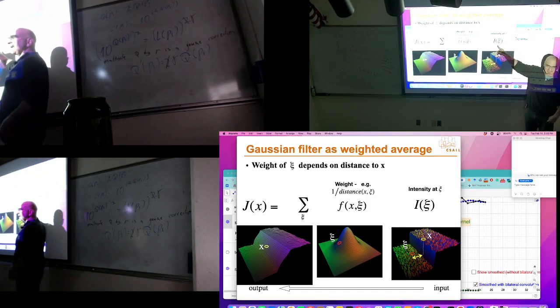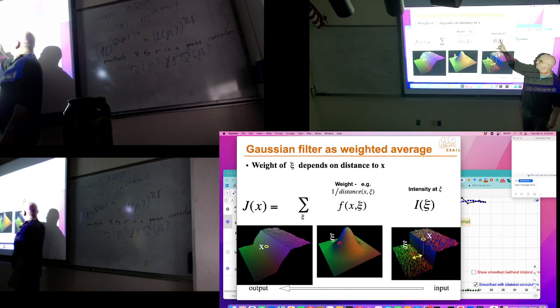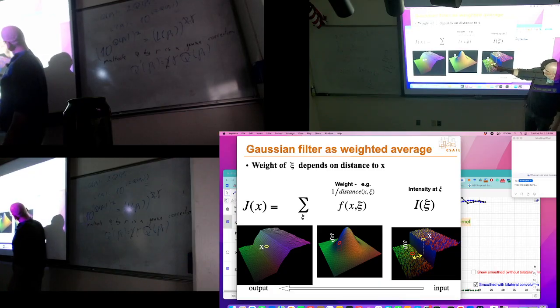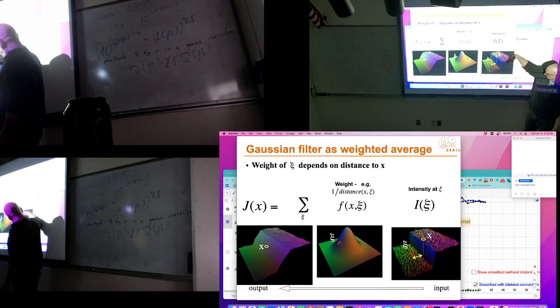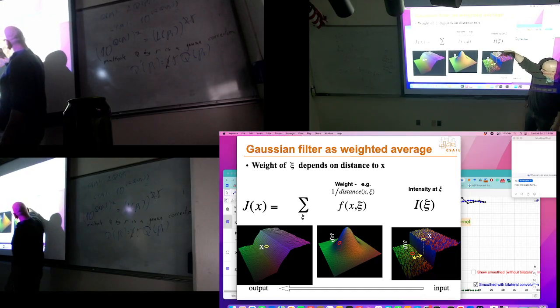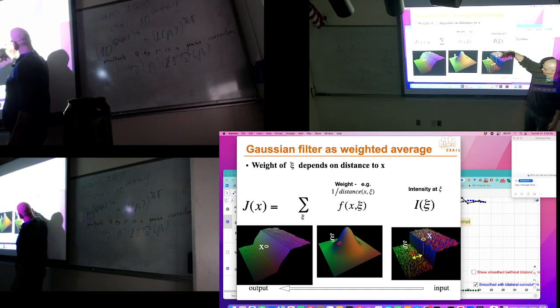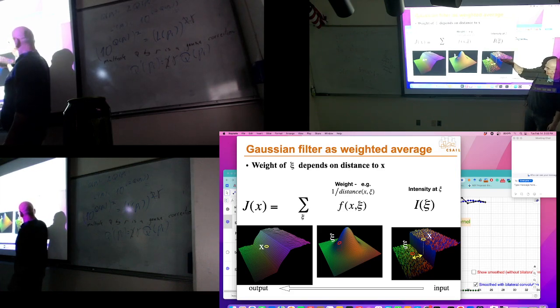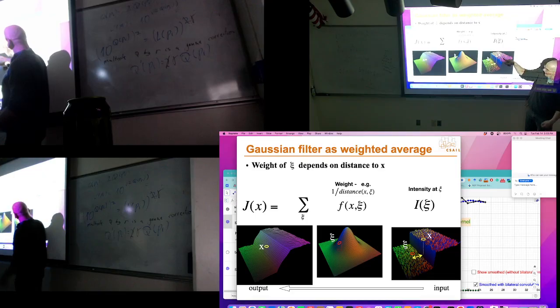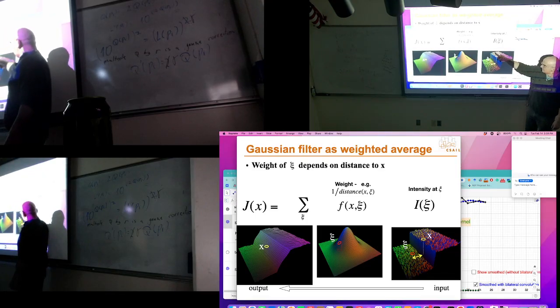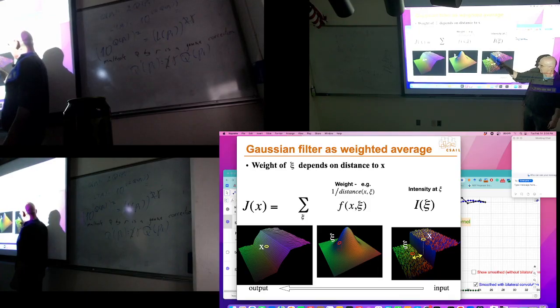If you see it for the first time, that's Xi. How do I compute the average value at a point X? I let Xi wander around all the points near X, sum up all the luminosities, all the weighted values, at all the points near X. Xi is running in the neighborhood of X.